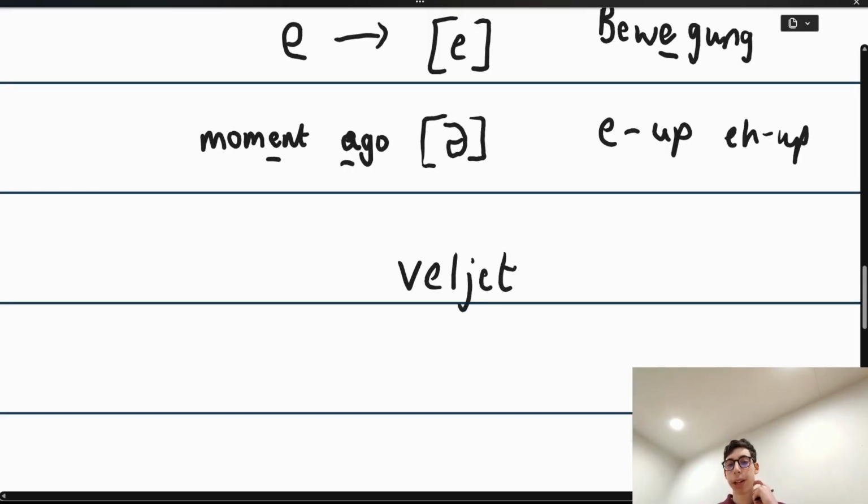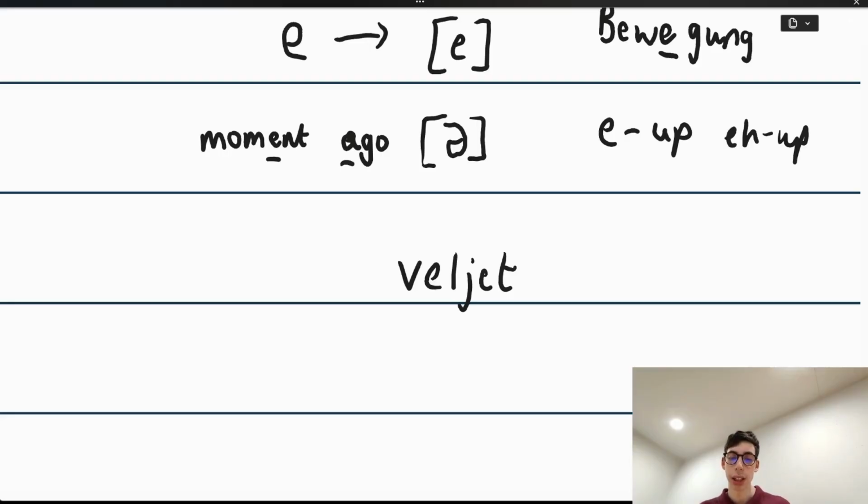So this word is pronounced veljut. So not veljet. If you say veljet, it's not good. It's veljut, to kind of exaggerate it. And you may notice that here, I said it with the suffix, because this is actually a verb, and all verbs end in et. In German, all verbs end in en.